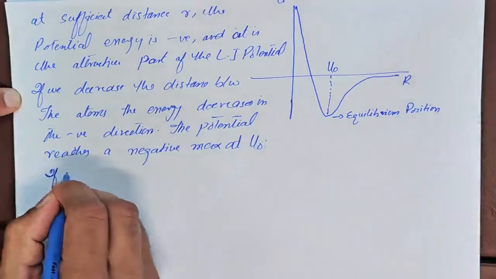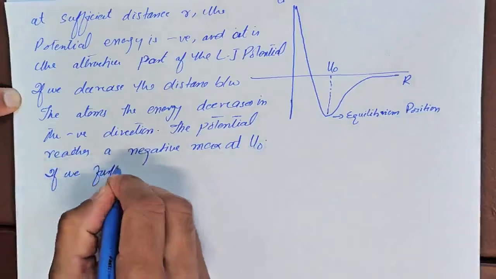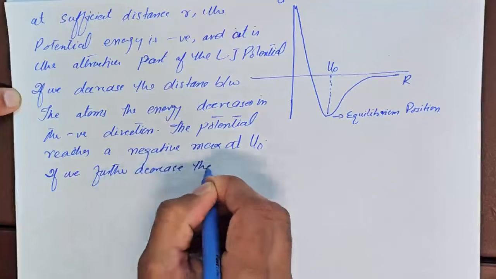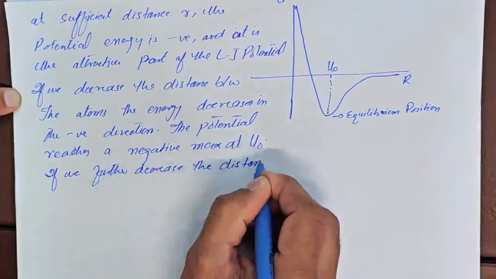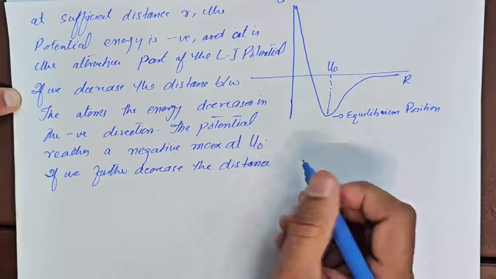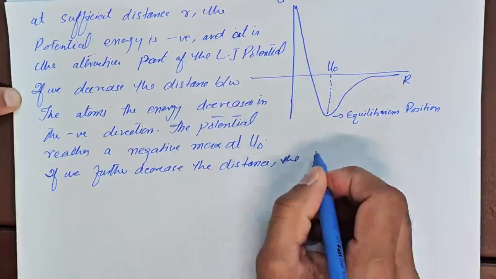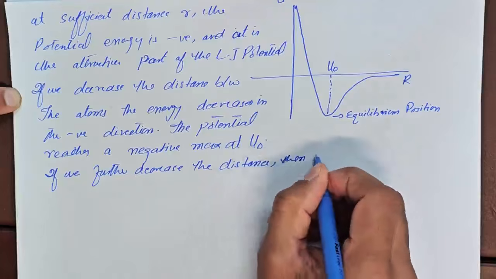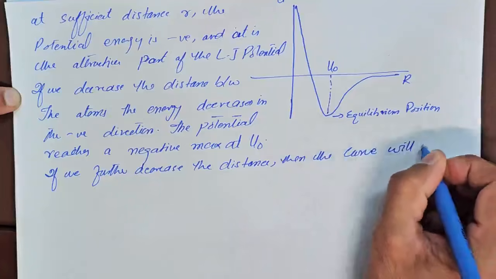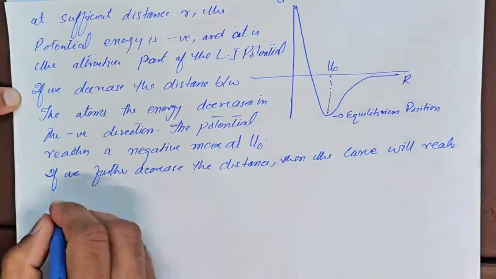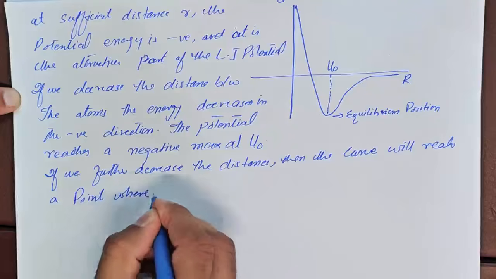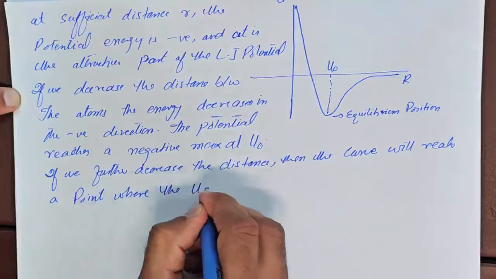If we further decrease the distance, then the curve will reach a point where the potential is zero.